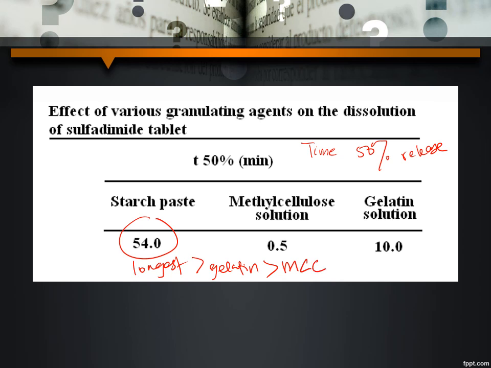This means that the granulating agent in starch paste is stronger, means they use a stronger binder that can bind the tablets strongly, so that they will take a longer time for the drug release.